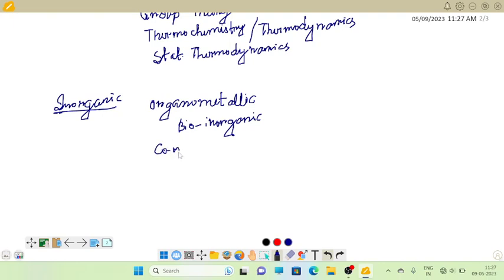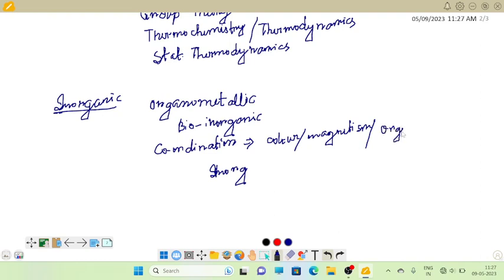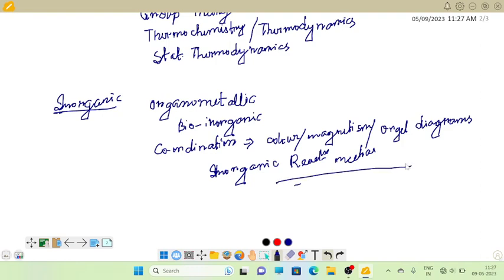Coordination chemistry: in the sense of color, magnetism, inorganic reaction mechanism, Orgel diagrams.